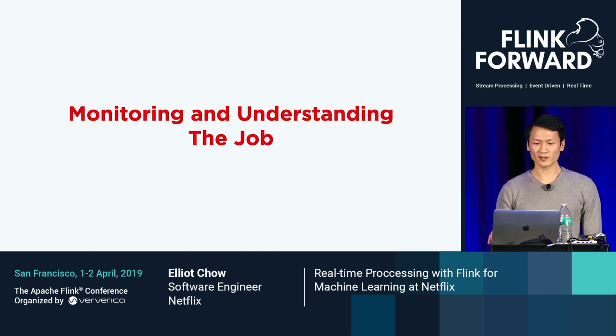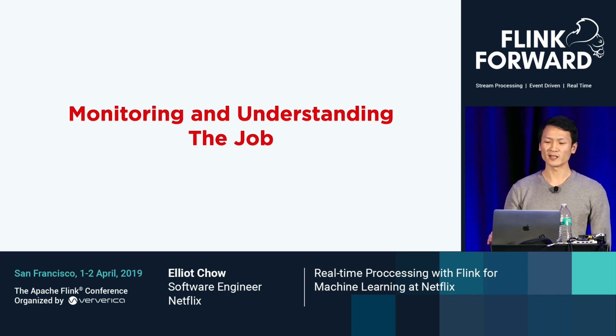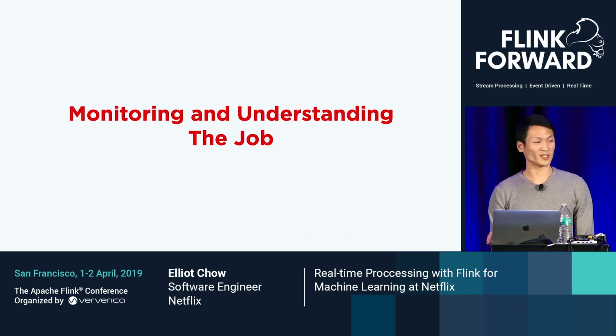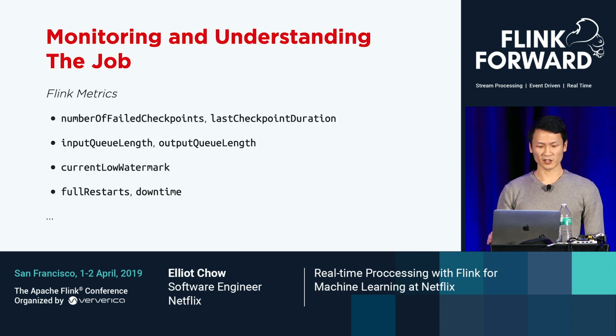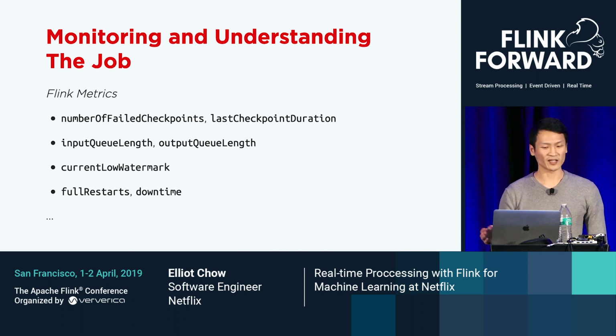The last couple of things I want to mention are about monitoring and understanding the job. Understanding the job is critical in any distributed system, and it can be tricky to do as well. Flink comes out of the box with a bunch of metrics, and they're great for understanding the overall health of the job. Just to mention a few: we have checkpoint monitoring, and checkpointing health is really important.